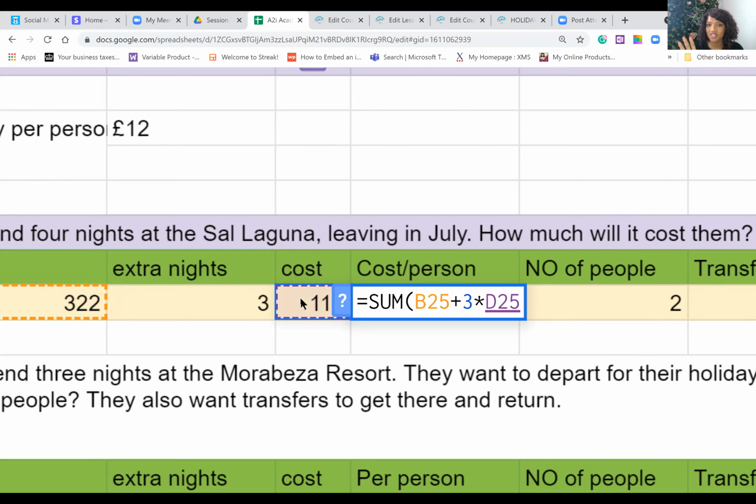And that's the calculation. So first and foremost, equals sum. You open the brackets, you need to select the one night, which is 322, which is the B25, plus 3 nights at £115. Close brackets, and you should get the answer here.